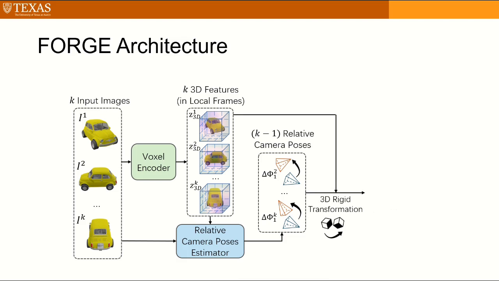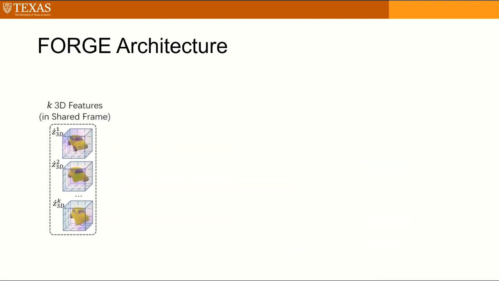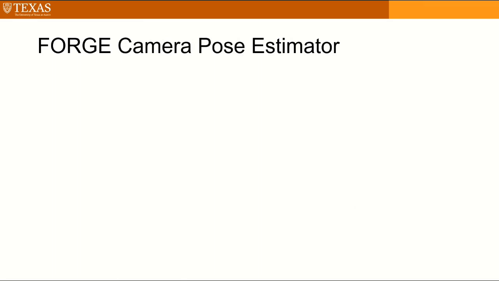We then perform 3D rigid transformations on the 3D features using the predicted poses. In this way, we transform the features into a shared reconstruction space. We then fuse the 3D features and predict the neural volume.